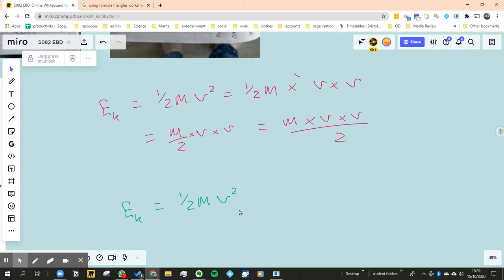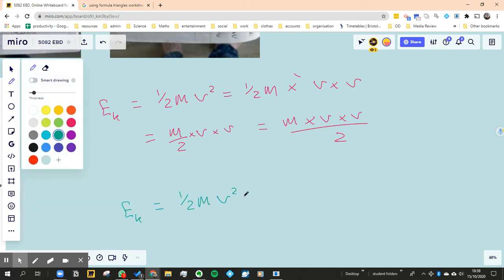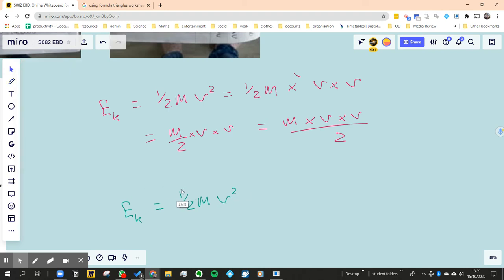So we've got that starting equation, and we're going to try to rearrange it in some way. The first thing we're going to do is get the half to go to the other side. If I multiply both sides by 2, then because a half times 2 is 1, that gets rid of the half.